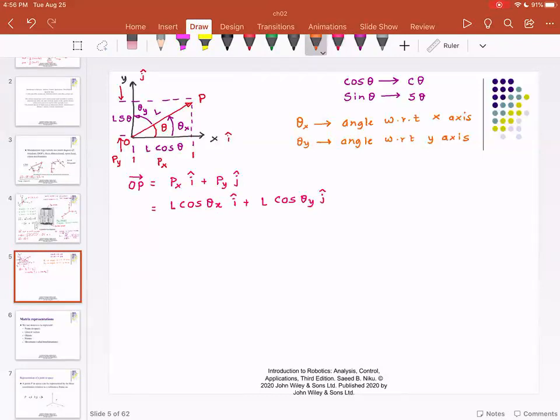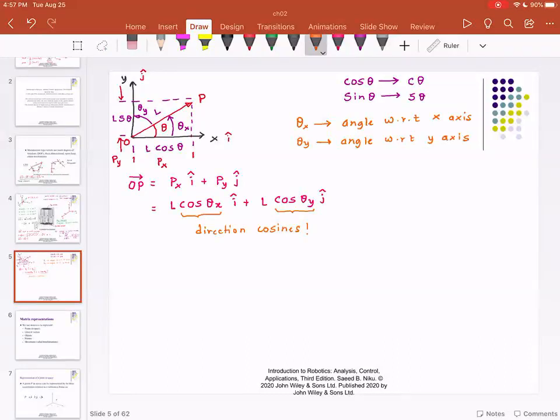Now I have cosine theta x, which is the cosine of the angle made by that vector with respect to the x-axis, and cosine theta y, which is the cosine of the angle made by that vector with respect to the y-axis, and these are called the direction cosines.